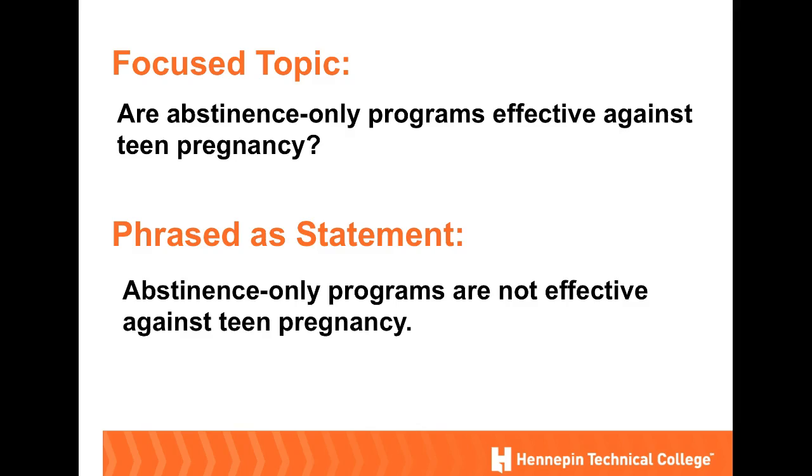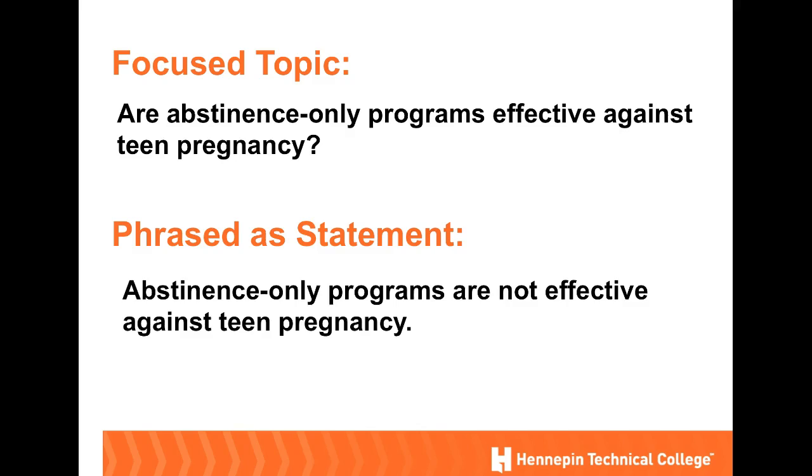And this one is a debatable yes-no answer, because you're going to find people that say yes, you're going to find people that say no. So it's a good one to investigate and see what people say and realize that there will be some disagreement on the answer to that, depending on what you define as effective, right?